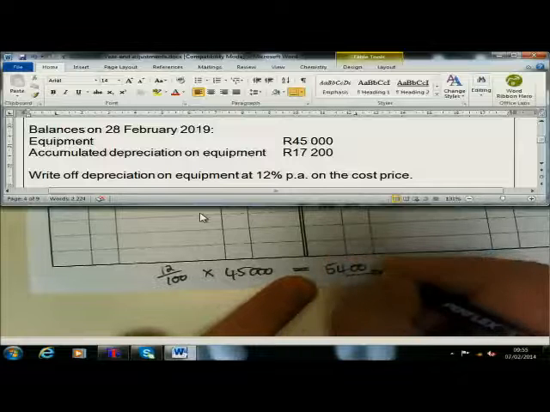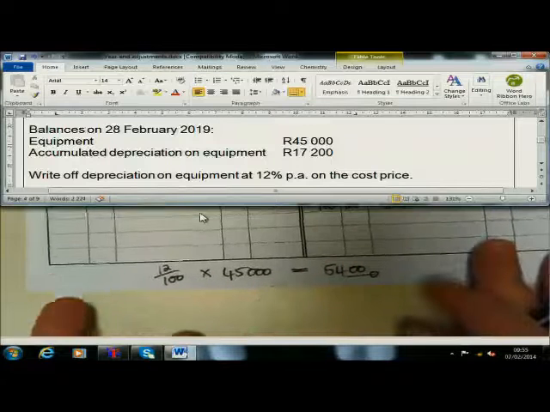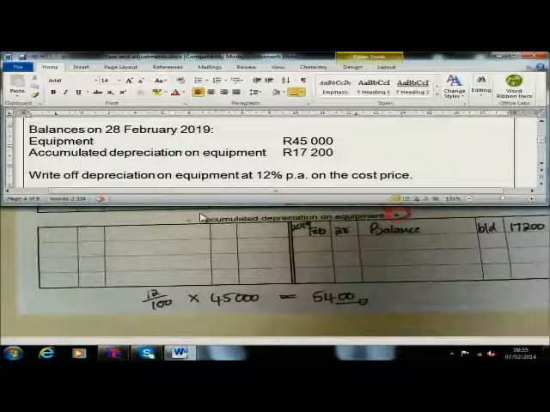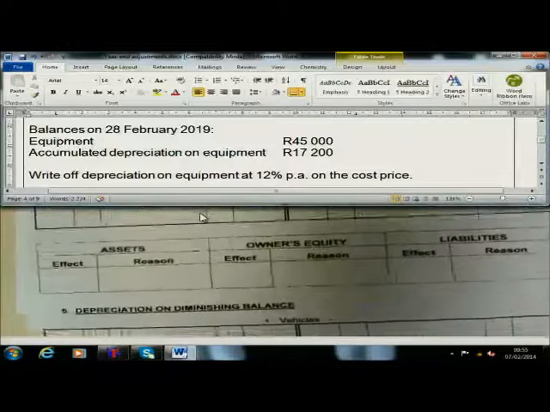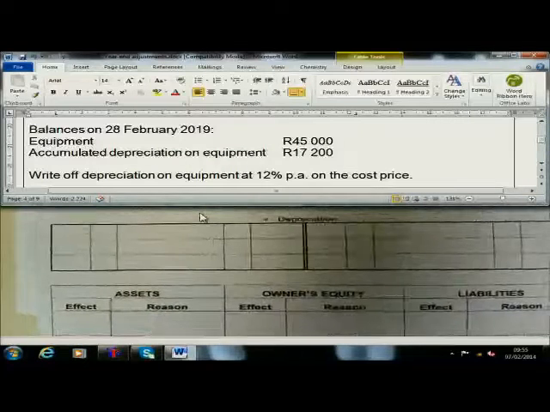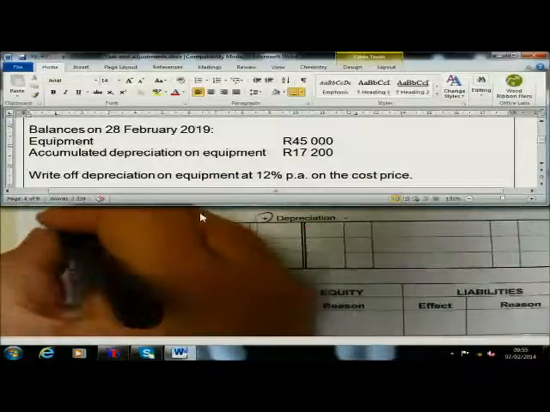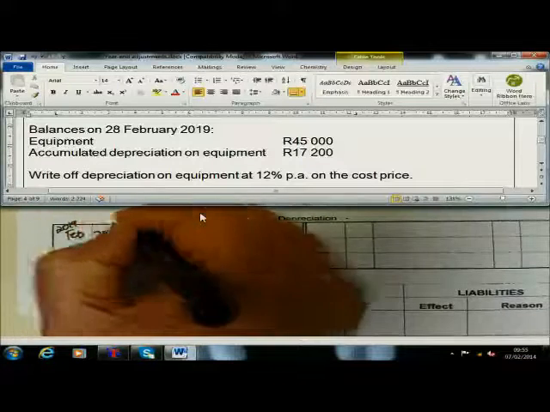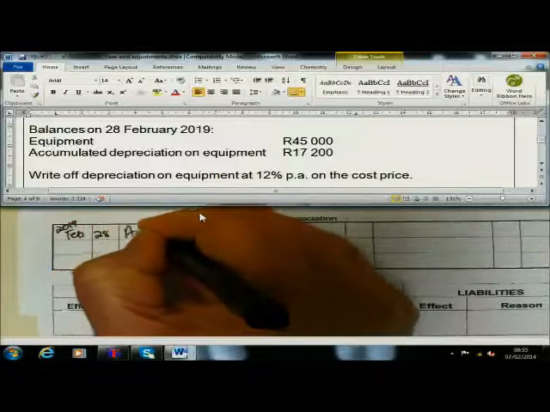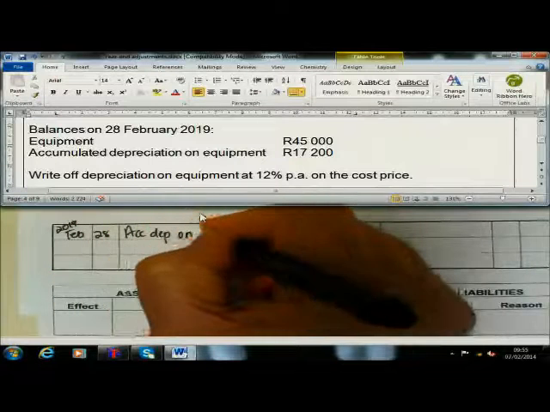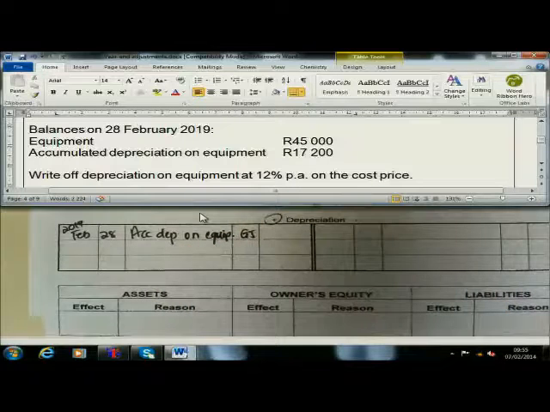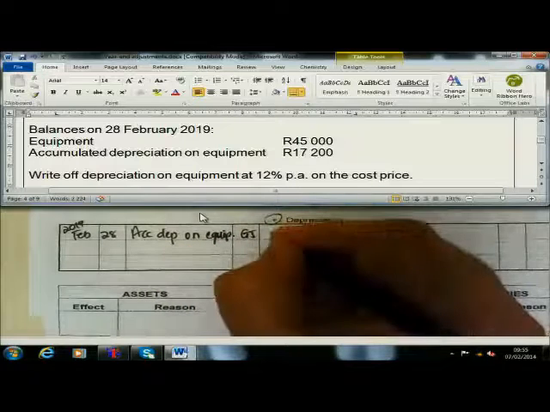What are we going to do with this? We are going to debit depreciation, your expense. There's your depreciation. It's a plus minus because it's an expense for the business. On the last day of the year, February 28, accumulated depreciation on equipment. I know it's a long story, but you must write it out. 5,400 rand.